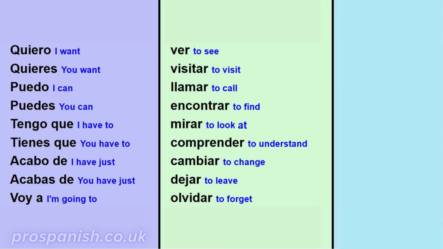And let's go down to I have is tengo. But if we want to say I have to, as in I must, it's tengo que. Tengo que, I have to. And the question, so do you have to, or you have to, is tienes que.